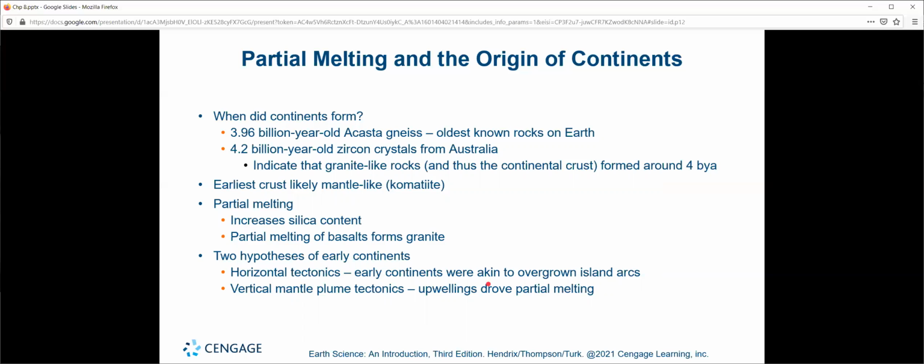This information indicates that granite-like rocks formed probably about 4 billion years ago. The oldest rocks we have on the planet are about 4 billion years old. There's a good indication that the continents are probably around 4 billion years old. The earliest crust was likely mafic, some komatiite, meaning the Earth as it existed before what we look at now was pretty different.